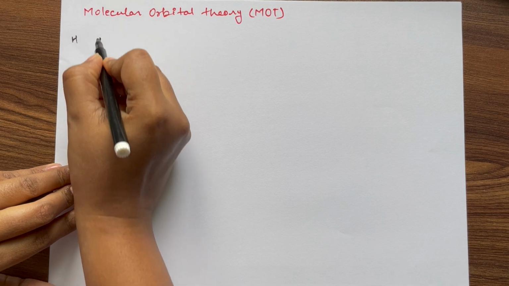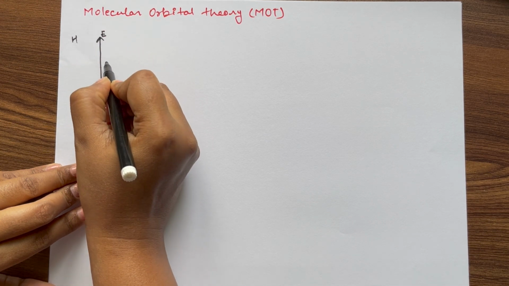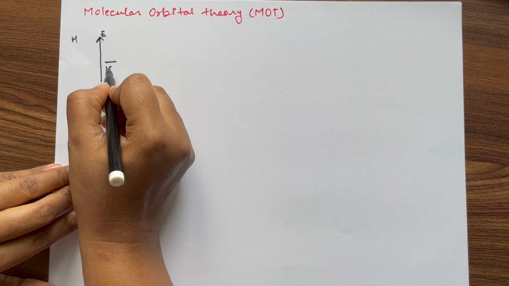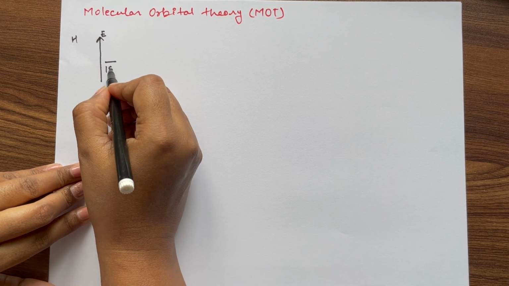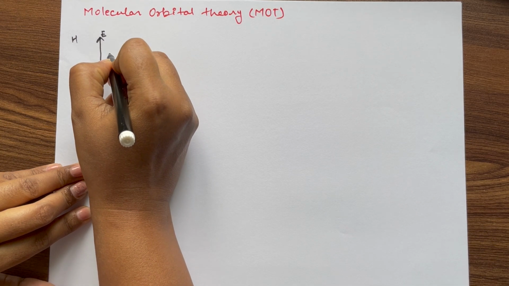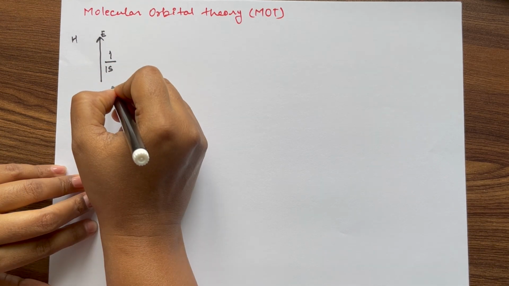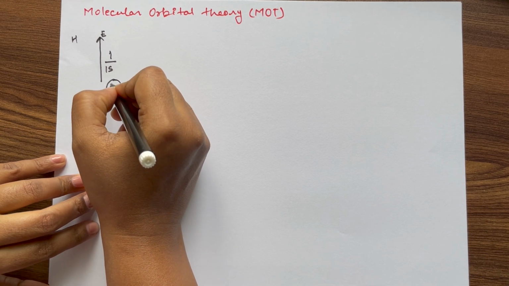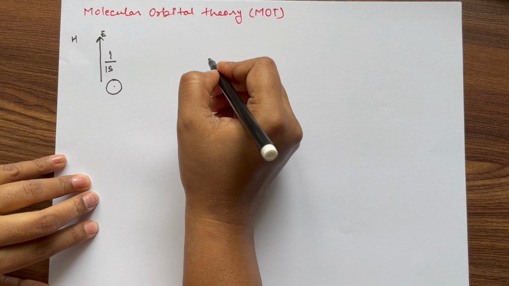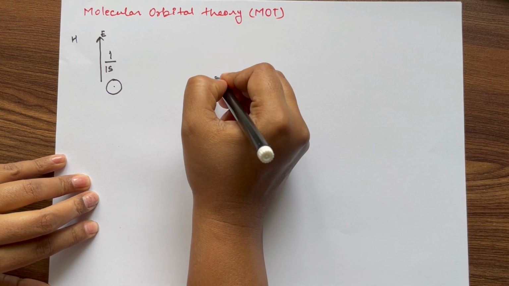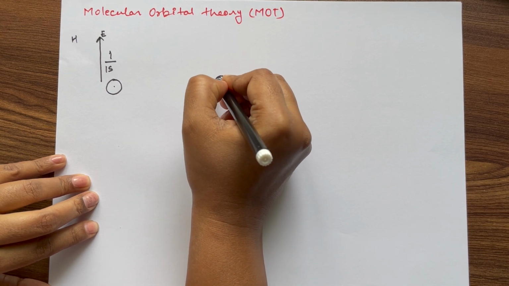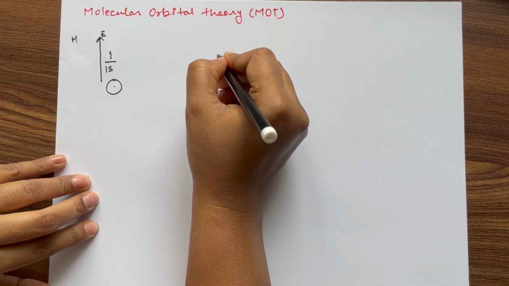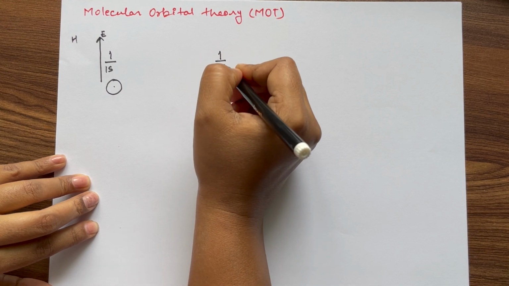When we plot the energy level, it will have a 1s orbital having a single electron, and this 1s orbital will be spherical in shape. So this is for one atom. Suppose there is another hydrogen atom that has the same energy state 1s with one electron.